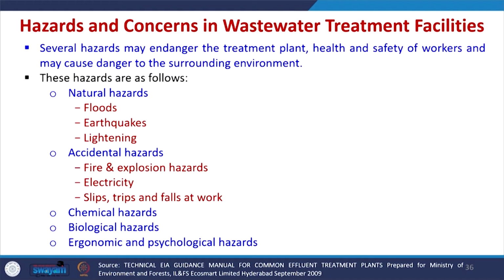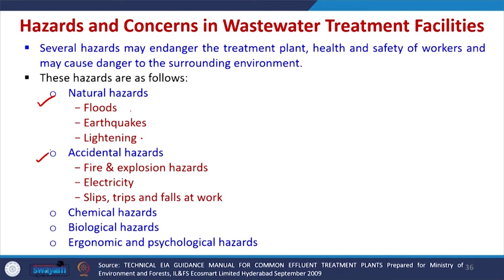Now, there are some hazards and concerns in wastewater treatment facilities that may endanger the people in the treatment plant. So, they have to take care of these hazards. These hazards may be natural hazards, like floods, earthquakes, lightning, etc. Then accidental hazards.